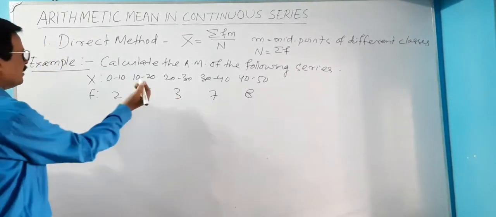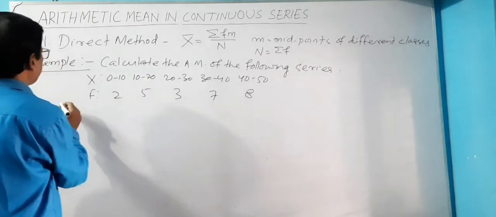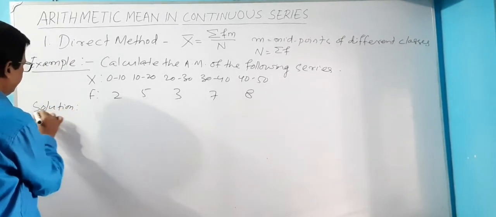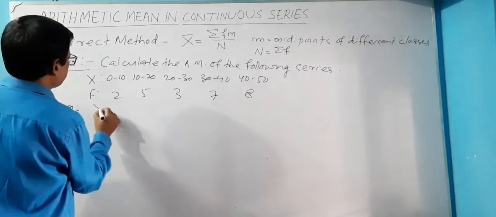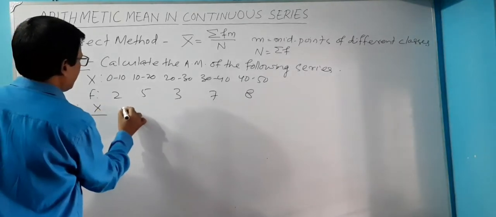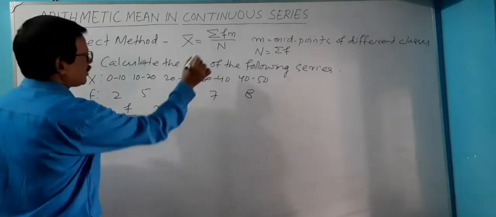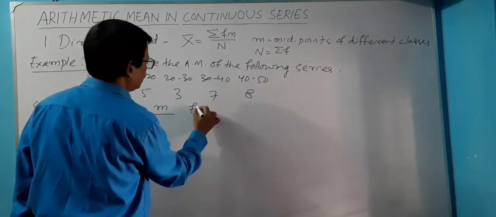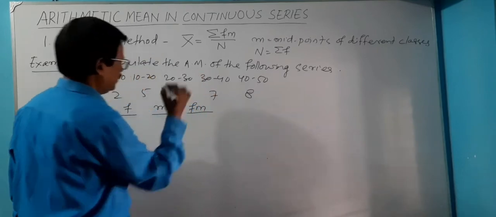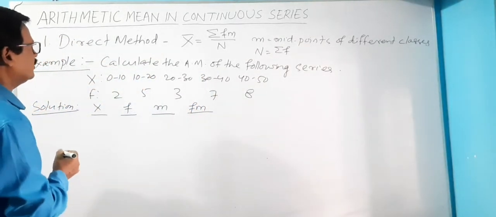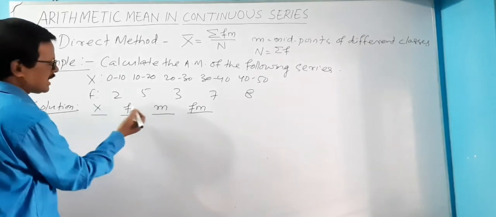Write them in tabular form. Solution. Write down x values here, f values, m, then we have to calculate fm. These four things we have to calculate. X and f values are given.